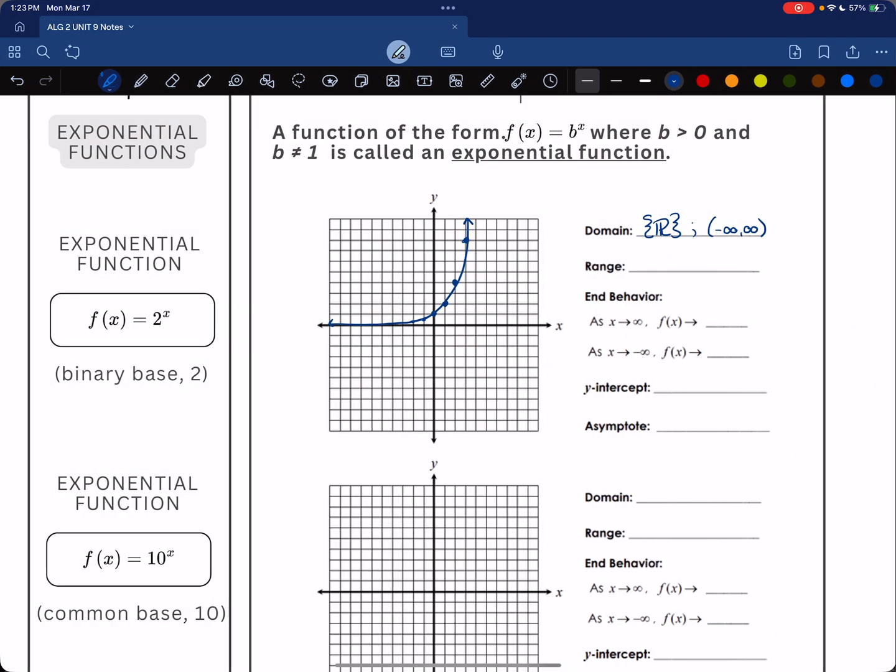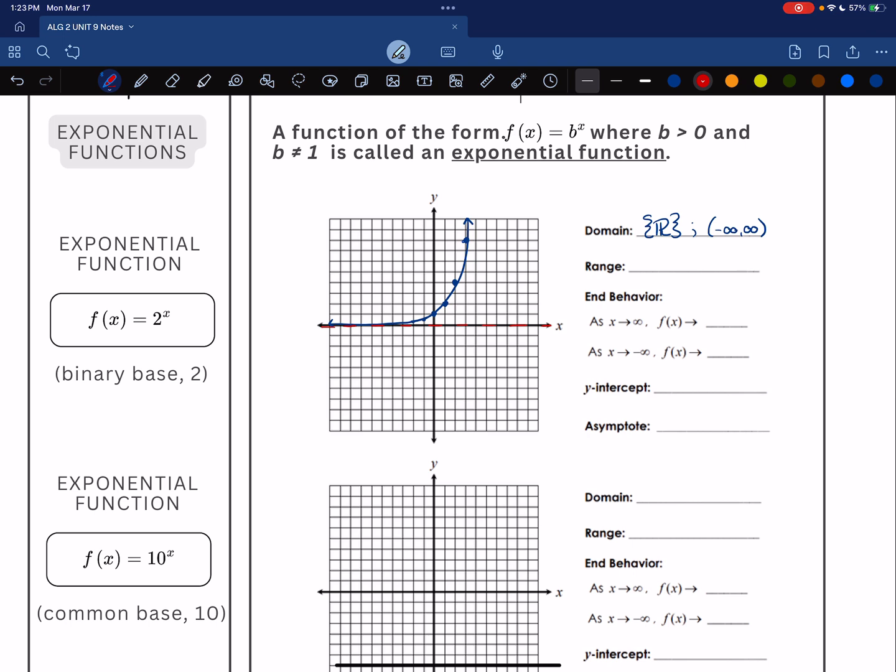The range for this function, the y values, what I want you to notice here is that it never goes below this line right here. No matter what happens, when we raise a value to a power, it's going to remain greater than 0.